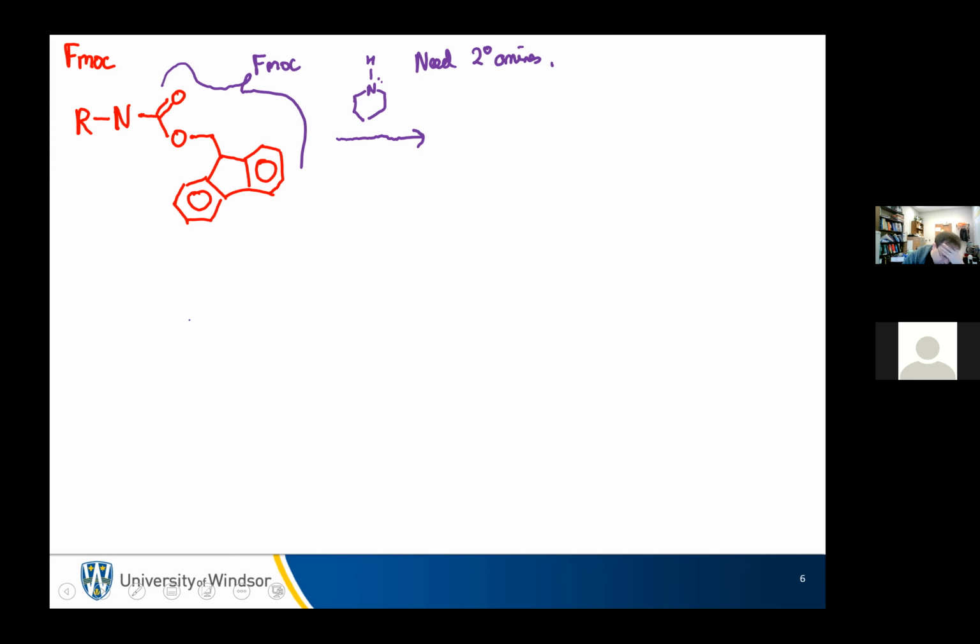So if we treat this with, and normally it's like 20% of this, 80% DMF. So use a very concentrated solution of your base.